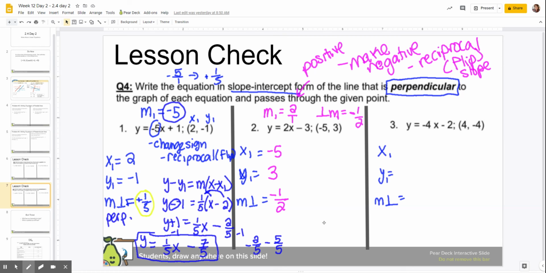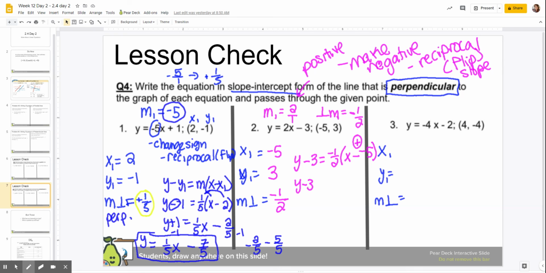Okay, and then you would do the same thing as we did on the first one. You plug it in just the same way. It's y minus y1, so y minus 3 equals, our perpendicular slope is -1/2 times the quantity of x minus -5, because that's my x1. So this right here is going to change to a plus.